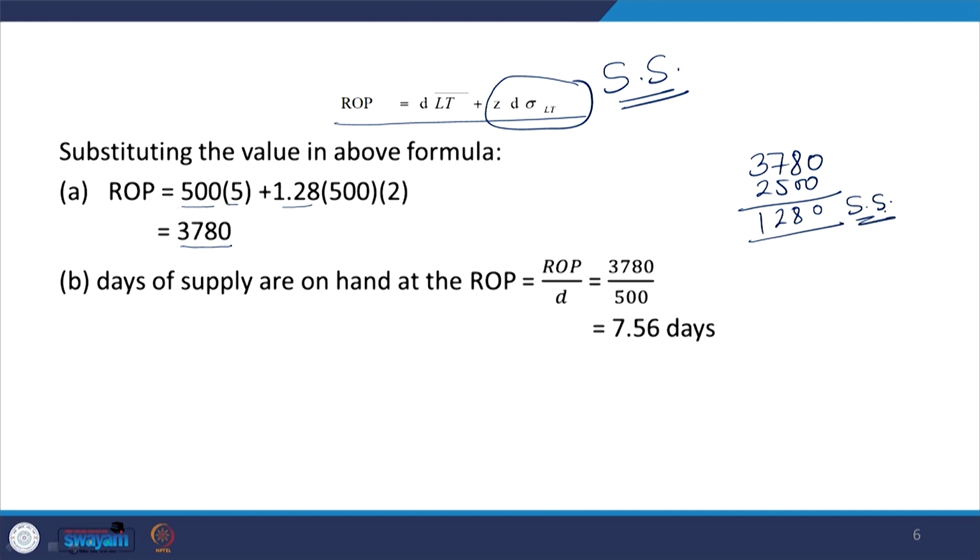So, 1280 units you are keeping for the safety stock. Now, it is important to understand with these two examples, the previous example and this example: in the previous example, we had only 20 units as safety stock. In this example, we have 1280 units as safety stock.